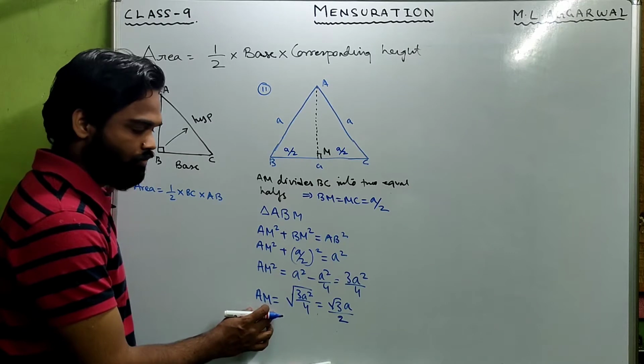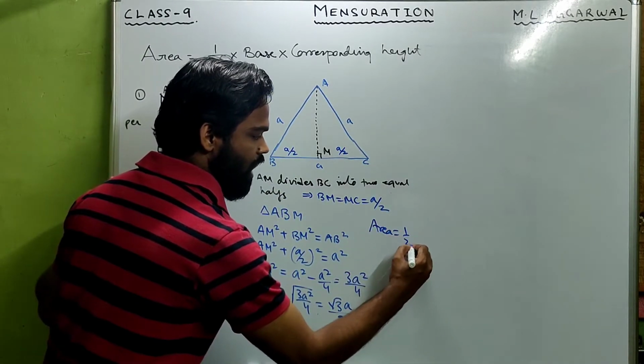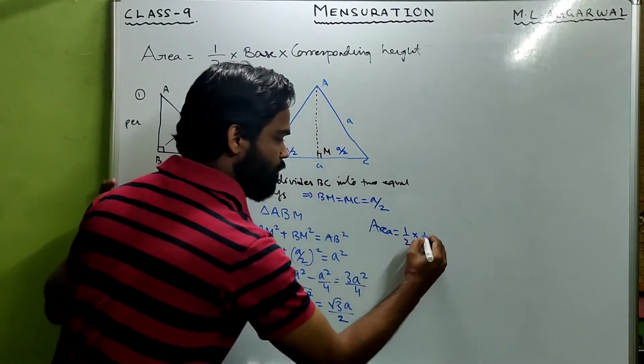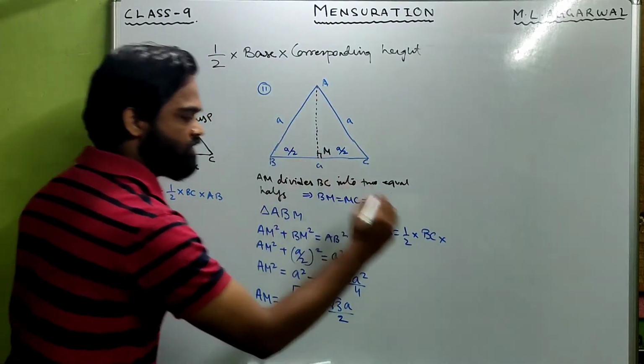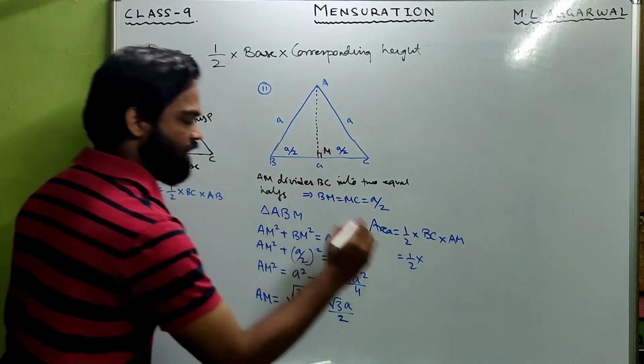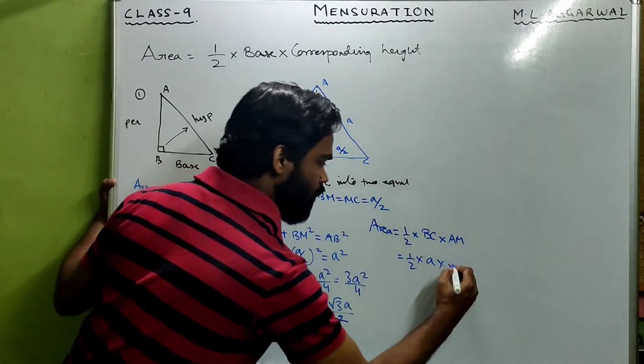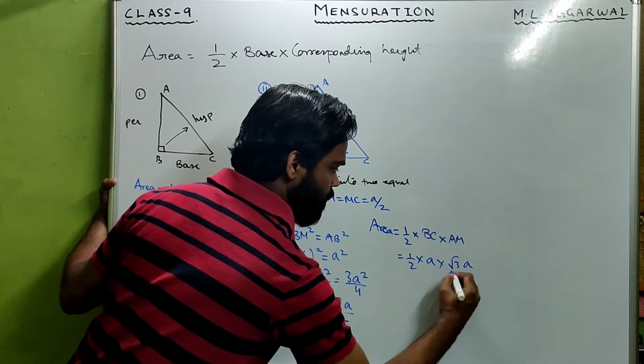That is your altitude. Now, area is equal to half into base. Suppose I take the base as BC. Then the height becomes AM, isn't it? So area will be half multiplied by base, that is A, multiplied by AM. And AM is how much? Root 3A by 2.